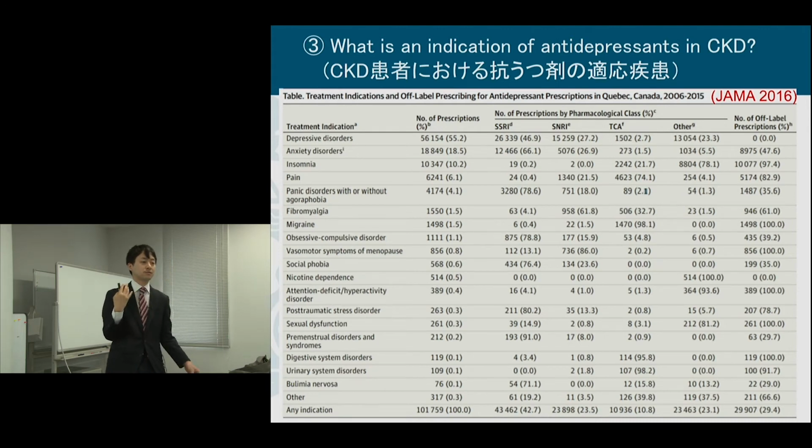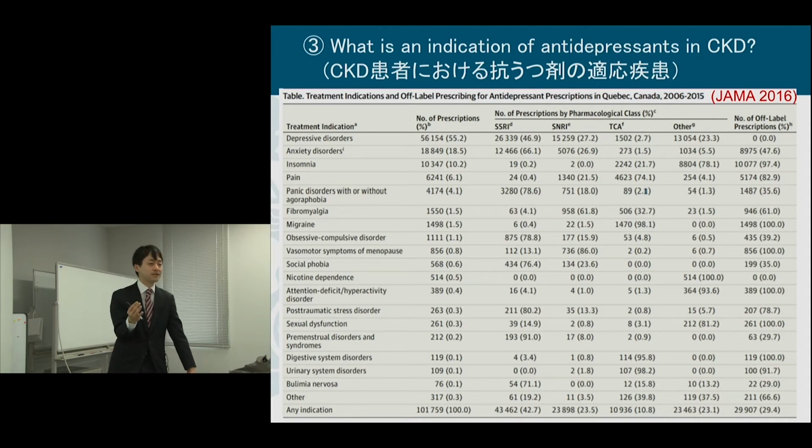So sometimes researchers need to identify why drugs were prescribed, because this could be a kind of confounding factor in the study. So this Quebec, Canada database is very special in that every time doctors prescribe a drug, they need to input indication, every prescription. So in that case, identifying indication is very easy.